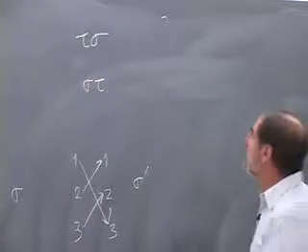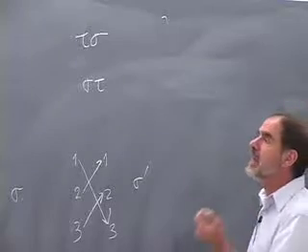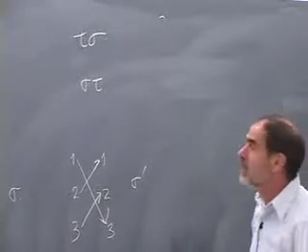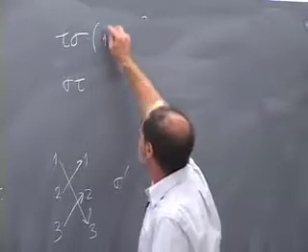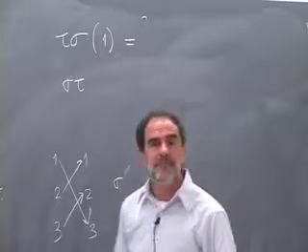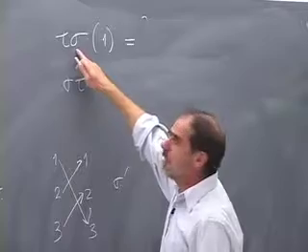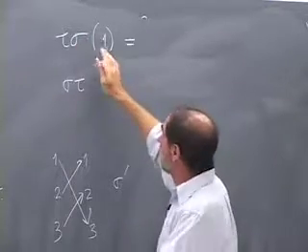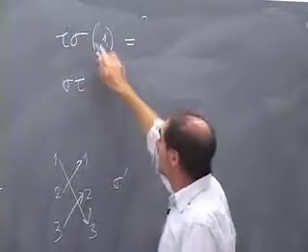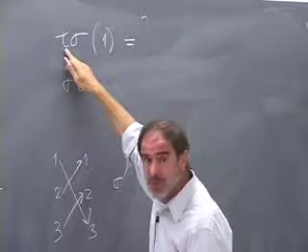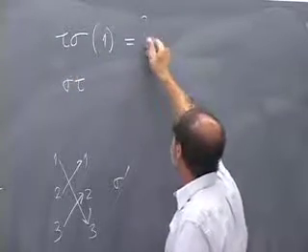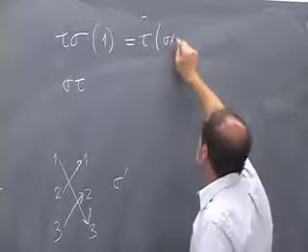Now how do you compute tau sigma? Well, you have to figure out what it is as a permutation of the set of 3 elements. So the first thing I'd want to know is what does it do to the element 1? Well, let's figure that out. This notation means first apply sigma to 1, and then apply tau to what sigma takes 1 to. So this becomes tau of sigma of 1.